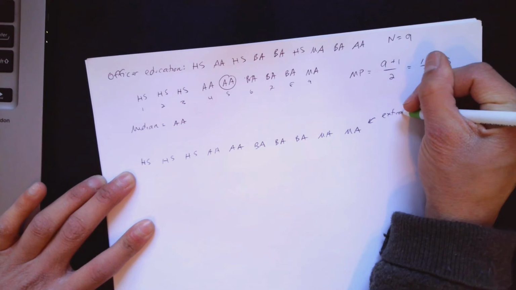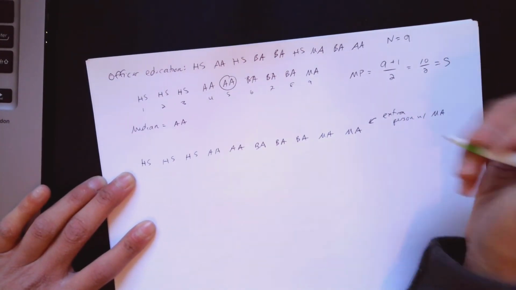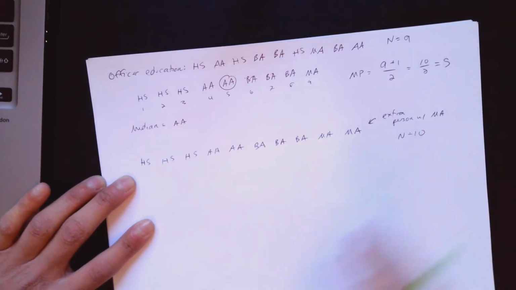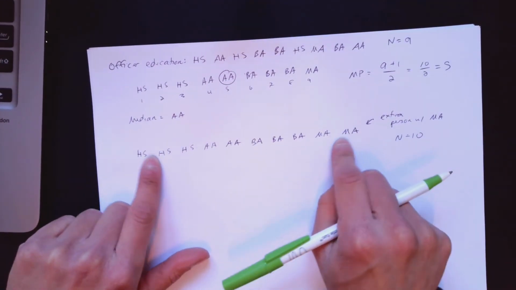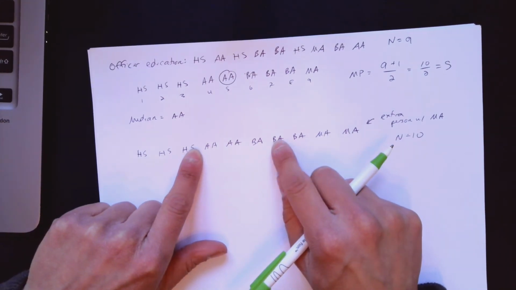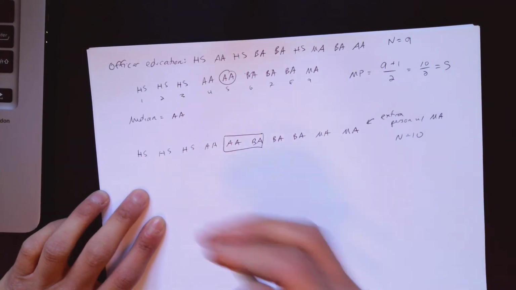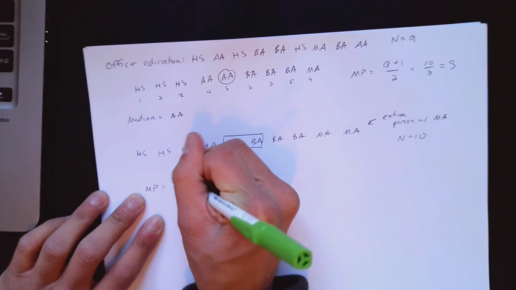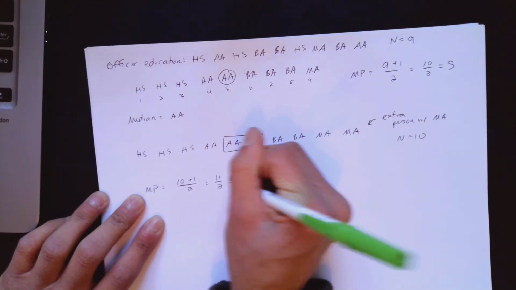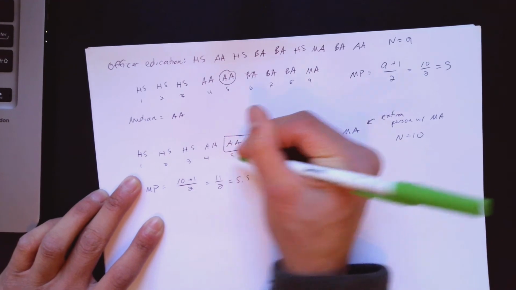So now we have 10 officers. All right, so what happens to our median? Here we can count inwards, or we can use the median position formula. And they'll both give us the same answer.